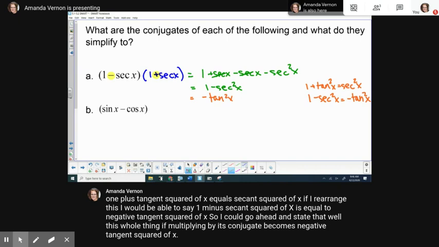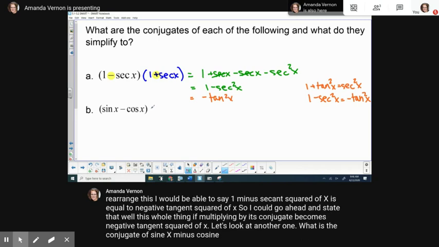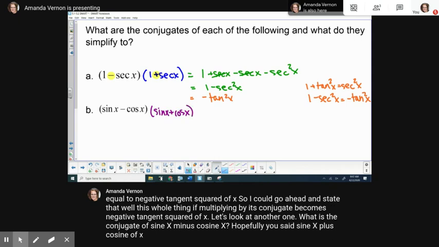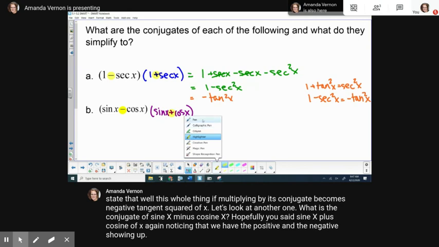Let's look at another one. What is the conjugate of sine x minus cosine x? Hopefully you said sine x plus cosine of x. Again, noticing that we have the positive and the negative showing up. Let's go ahead and FOIL this just to see what we end up getting.